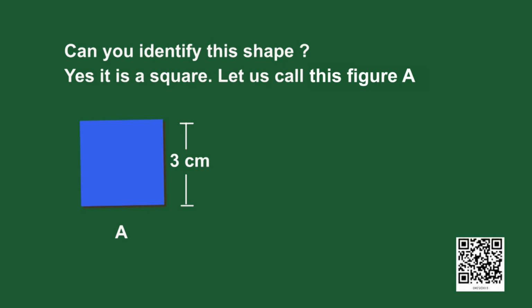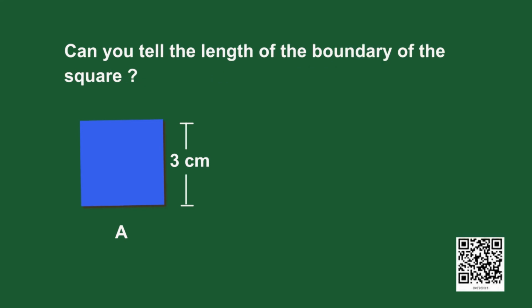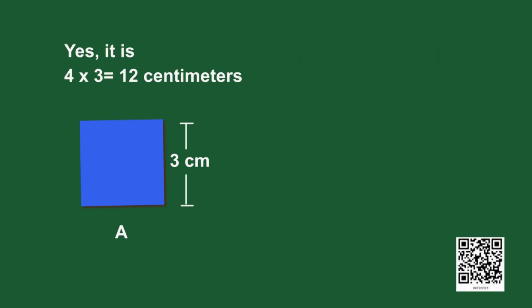Can you identify this shape? It is a square. Let us call this figure A. Can you tell the length of the boundary of the square? Yes, it is 4 times 3, which is equal to 12 centimeters.